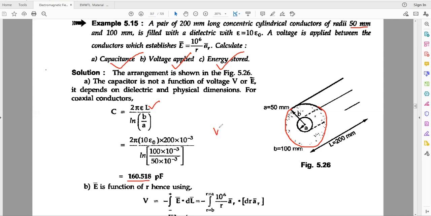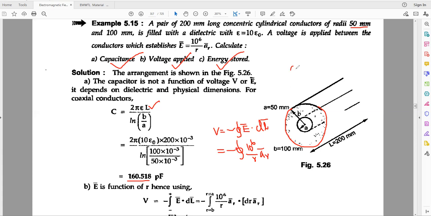And E bar is related to V by V equal to minus the integral of E bar dot dL bar, which is minus the integral of E bar, given as 10 to the power 6 by r into a_r bar.